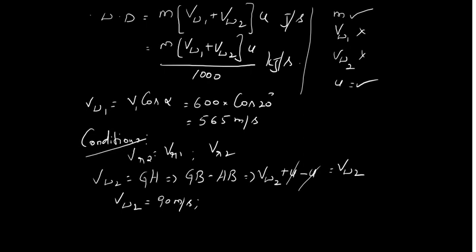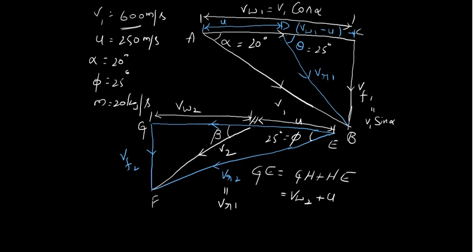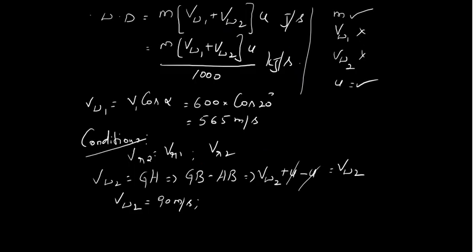And VF1, we can get the value from the previous inlet velocity triangle. From which triangle can I get the value of VW2? From the triangle EFG. Here I'll write, from triangle EFG I can get the value of VW2.